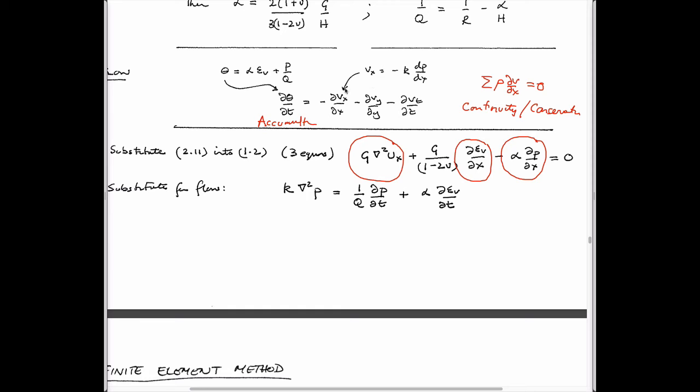We substitute Darcy's law into this accumulation term here to get this, and we end up with something that gives us this. We substitute in strains, overall volume strains being equal to fluid strains, being equal to change in fluid pressure and a change in strain in the volume.